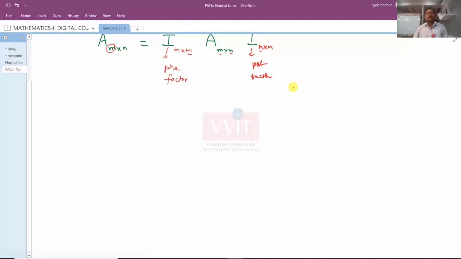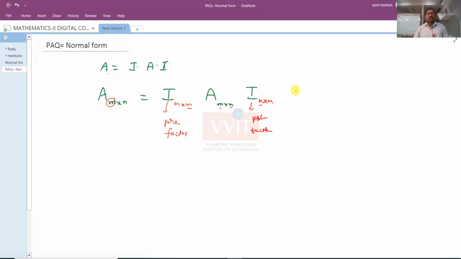What I am trying to do is, by using elementary row operations, convert A into normal form.